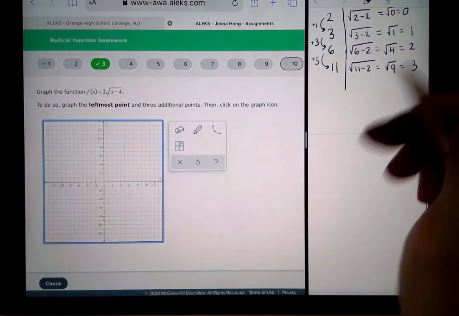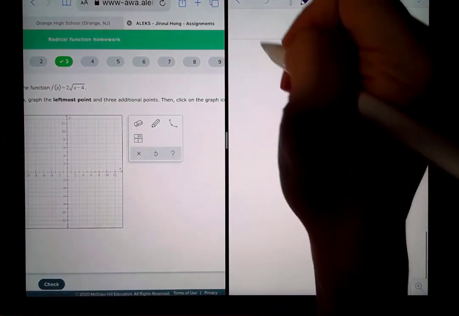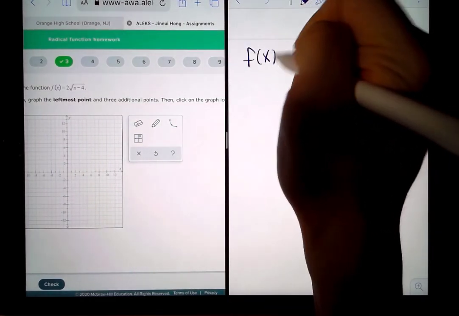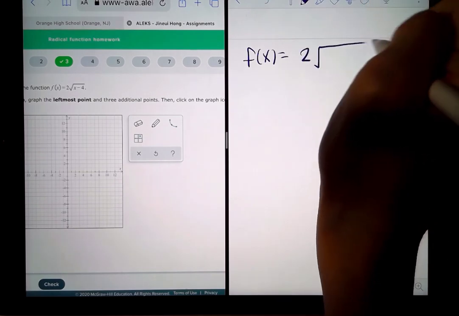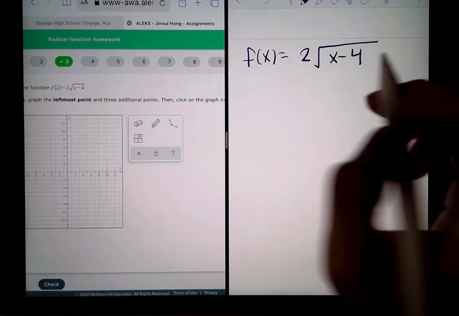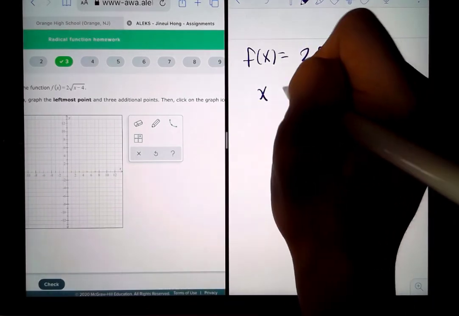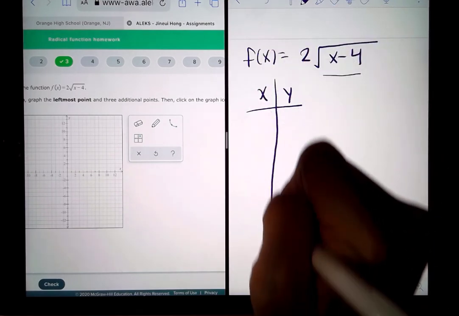So it says f of x is 2 square root of x minus 4, right? And we need to get our vertex. Initial point, right? So you get 0 from here, right? What's your 0? X minus 4. That is 4, correct? So x, y, and I'm gonna make a chart.